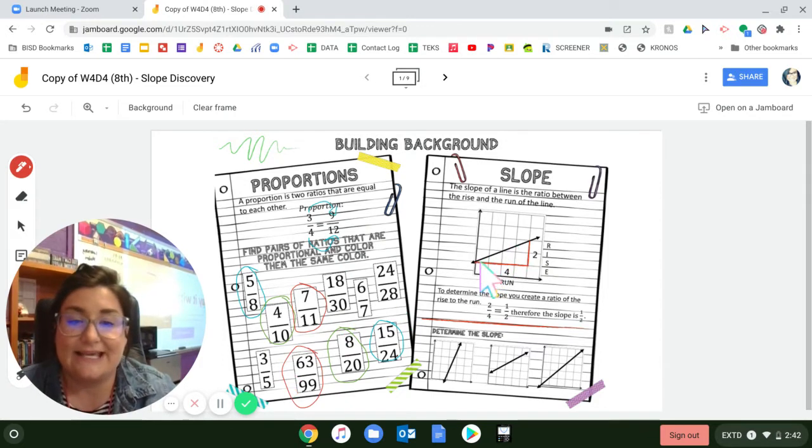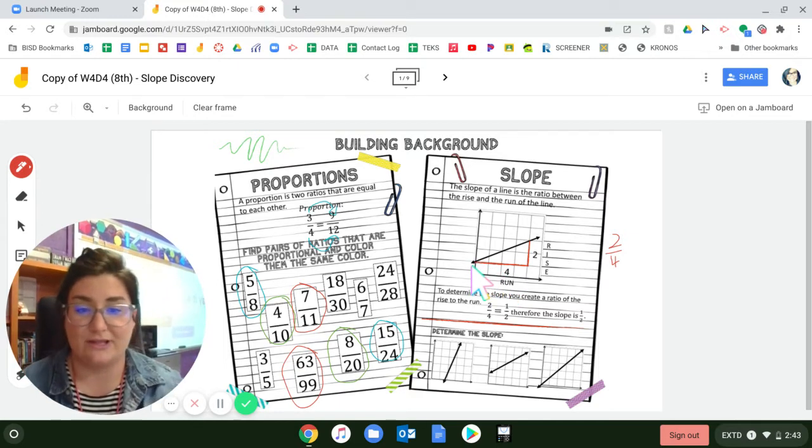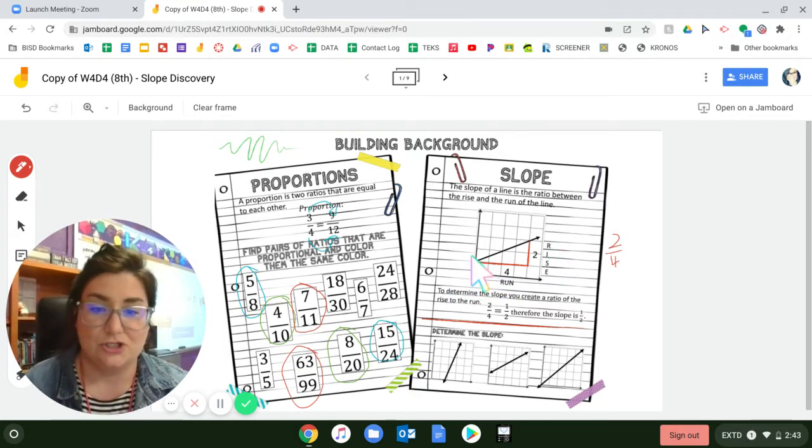What we're going to see here on the way we're transferring this knowledge into slope is that our rise over run is 2/4. And the way I like to do rise over run, I read the graph from left to right. So I actually do rise first before I do run.